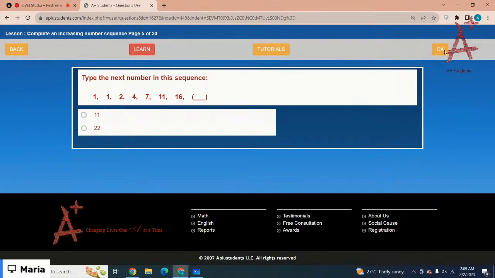Okay, type the next number in the sequence. So which is the next one? Which number is next in the sequence?